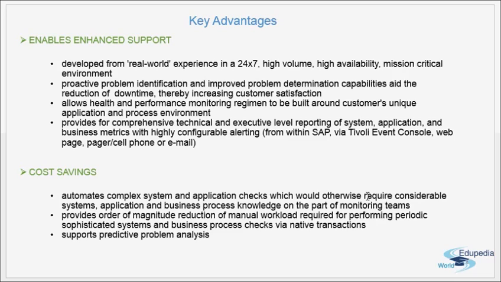So when we do performance tuning in our SAP systems, it enables enhanced support. You have to proactively identify the problems. Day to day you have to collect some metrics, and if something goes wrong, an alerting system should be there. Then cost savings: it automates complex system and application checks which would otherwise require considerable system, application, and business process knowledge on the part of monitoring teams.